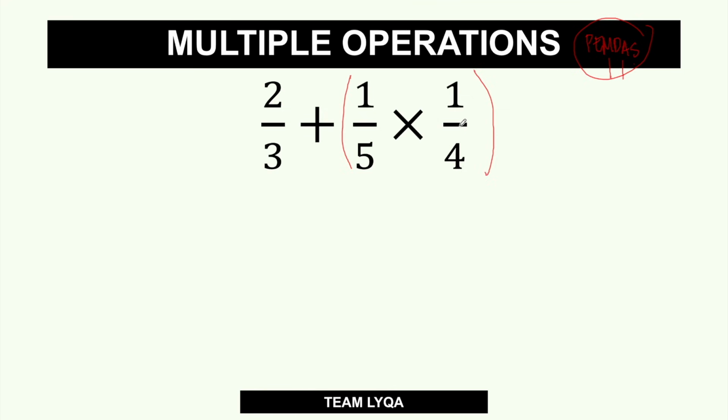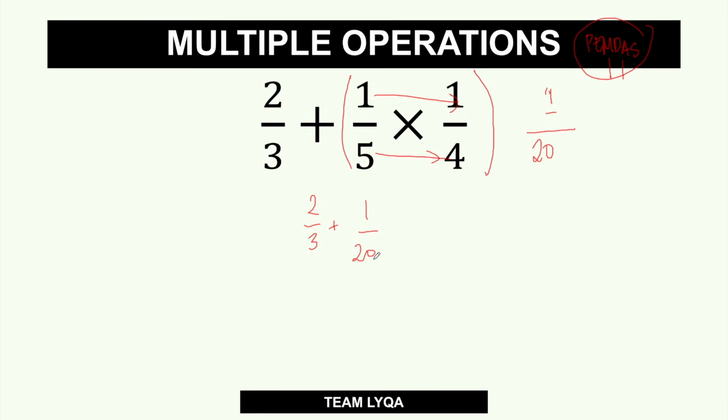So, multiplication only. Okay? And our rule, again, is across, right? We don't do anything else. Straight away. 1 times 1 is 1. Then, over 5 times 4, which gives you 20. So, the question becomes 2 over 3 plus 1 over 20. So, again, what do we do? LCD of 3 and 20.